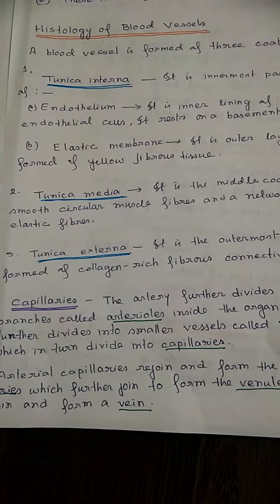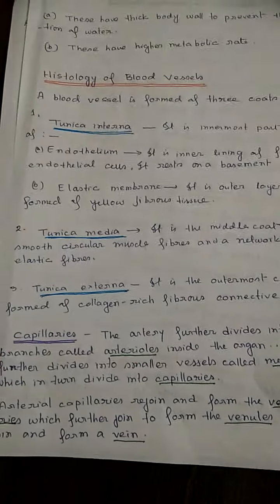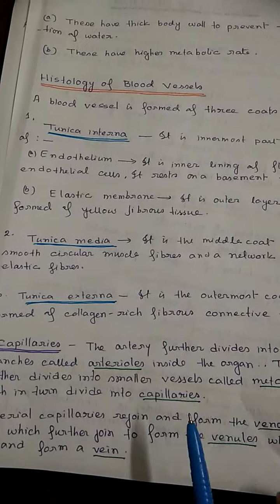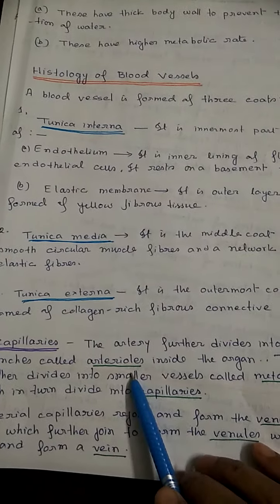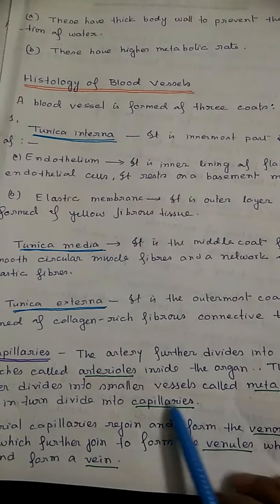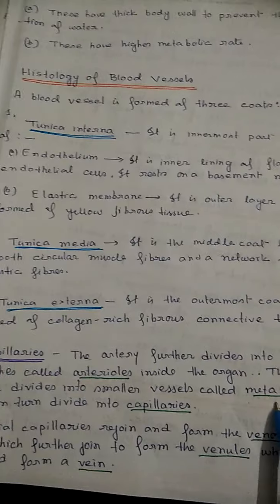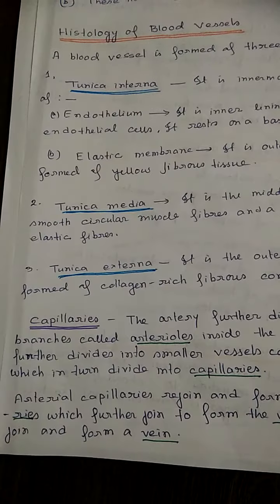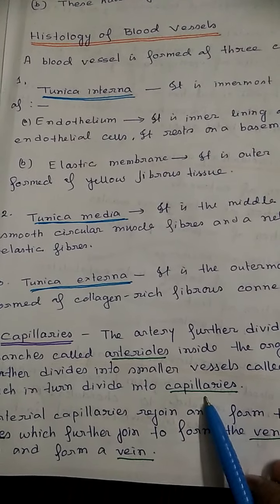The next most important one is capillaries. The artery is further divided into a thin arteriole inside the organ, then the arteriole again divides into vessels called meta-arterioles. These meta-arterioles then divide into the capillaries.